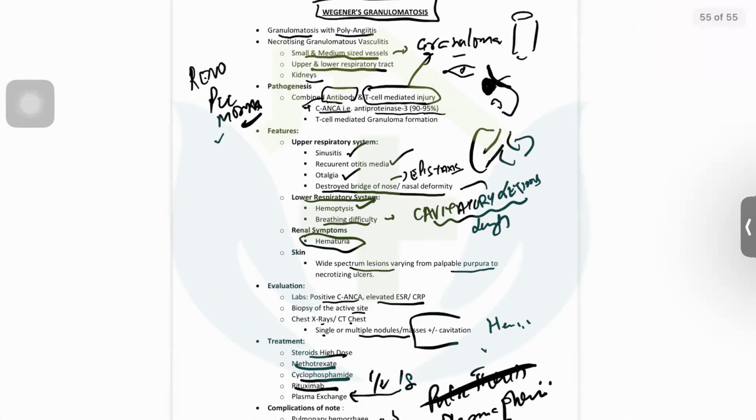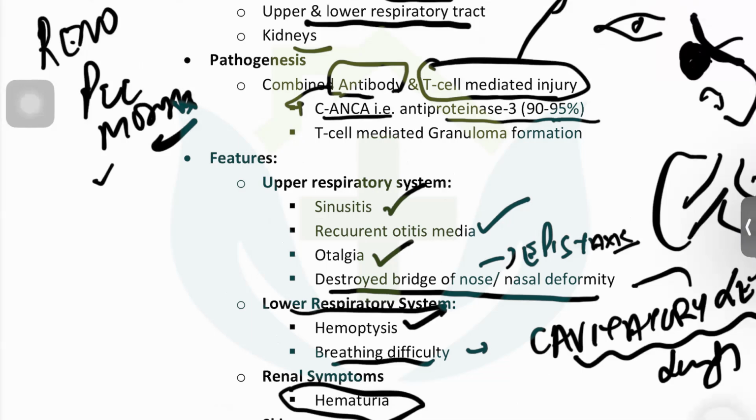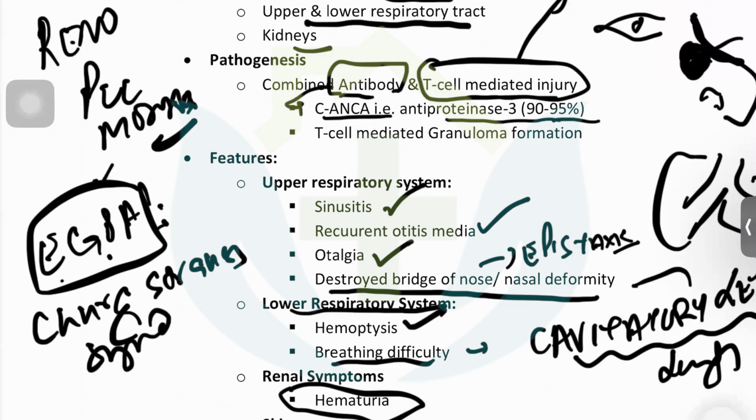So just like Wegener's, the other condition is EGPA. EGPA is eosinophilic granulomatosis with polyangiitis. It used to be known as Churg-Strauss syndrome.